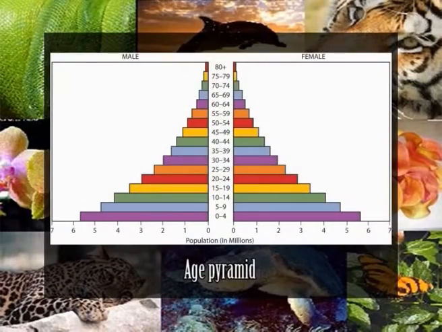The proportion of these three different stages in a population determines the kind of population, that is, whether the population is growing, stable, or diminishing. And the same can be presented graphically in the form of an age pyramid.